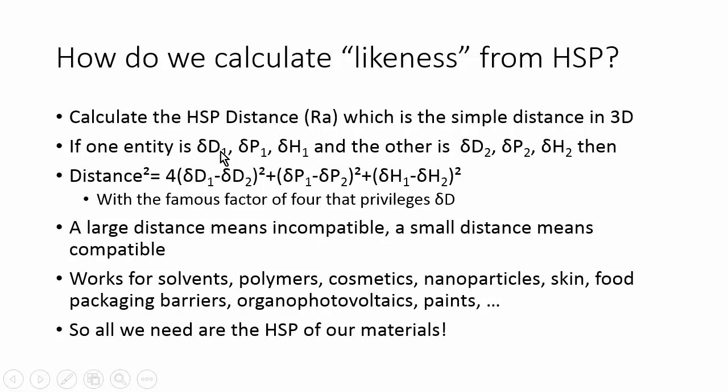So as long as you know these values, then you just subtract each of them, square them, and that's the square of the distance. And obviously, if there's a big difference between each of them, that gives a large distance, and a large distance means incompatible, and a small distance means compatible.